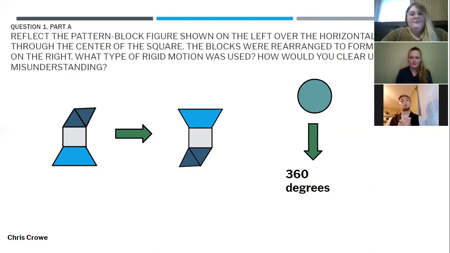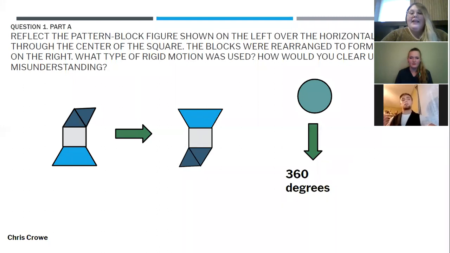And that is what we call a rotation, where it is literally just twisted on itself to any certain amount. It could be 90, 180, 450, whatever the case may be. And yeah, so they actually performed a rotation instead of a reflection.